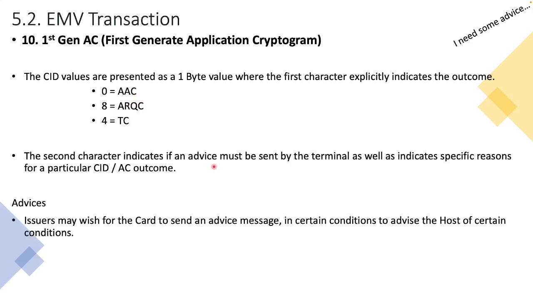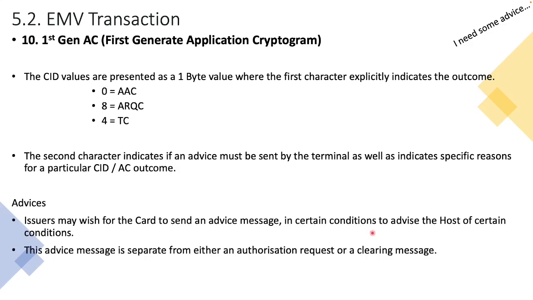Now, what is an advice? Basically, issuers, the banks that issue the cards, may wish for the card to send an advice message back to the host in certain conditions, to advise the host system of certain conditions. This advice message is separate from either the authorization request or a clearing message.